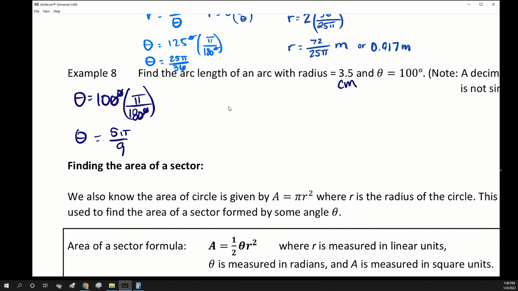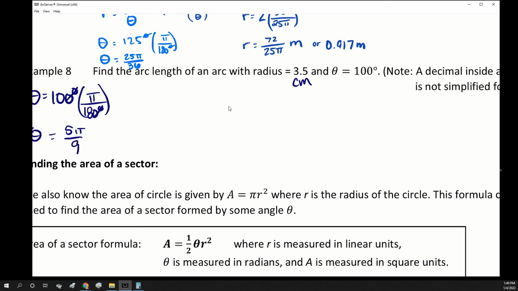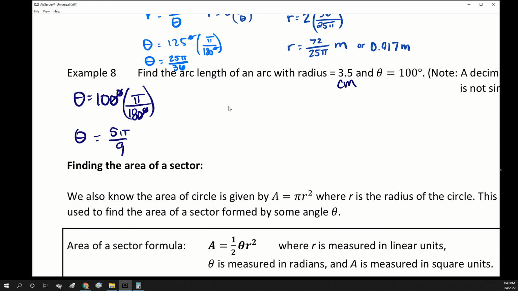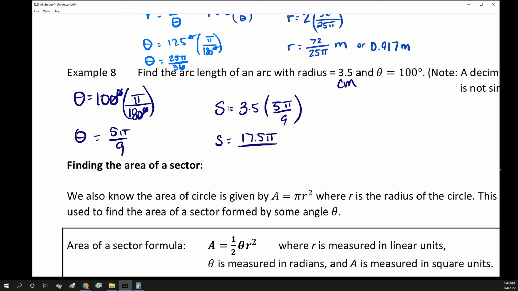All right, so now I am looking for S. So when we're looking for the arc length, you just multiply the radius by the angle. So you can use your little calculator, multiply 3.5 times 5, that's going to be 17.5 pi in the numerator, 9 in the denominator. Now, this isn't great for leaving your answer.